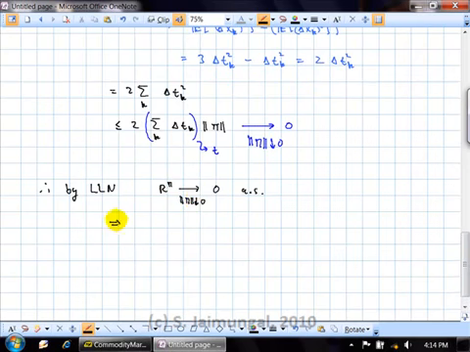And that implies that the actual quadratic variation equals little t almost surely. Because r pi was the difference between the quadratic variation for a fixed partition and little t. Okay?